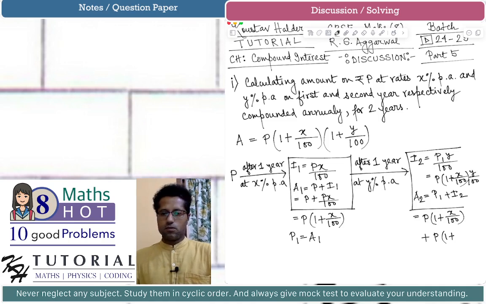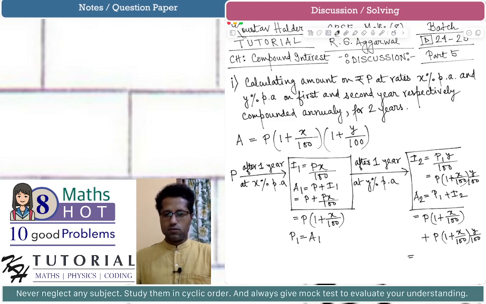So now we have A2 is equal to P1 plus I2, which is P into 1 plus x by 100, plus I2, which is P into 1 plus x by 100 multiplied by y by 100.